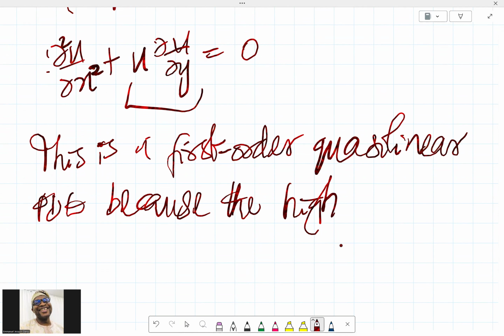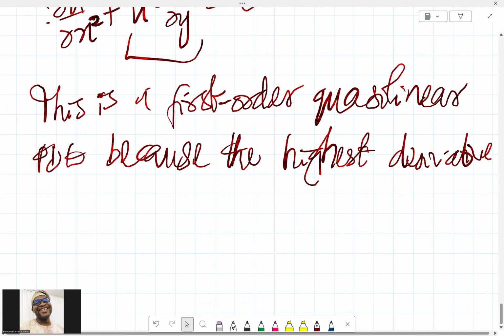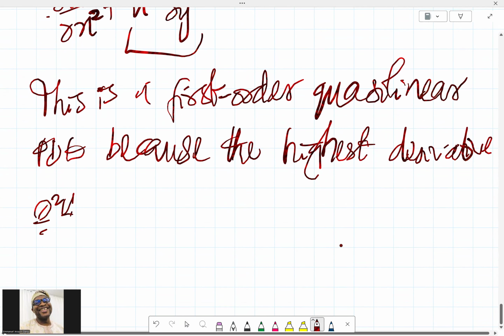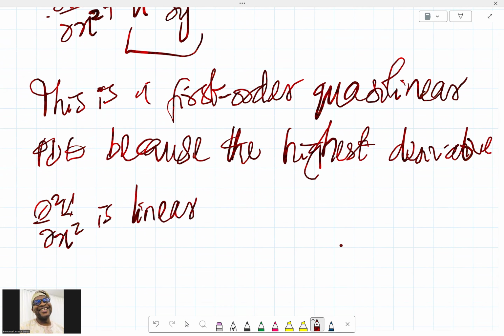So this is a first order quasi-linear PDE because the highest derivative, partial squared u, partial x squared, is linear. It doesn't have u multiplying it, and the degree is 1, so it's linear.